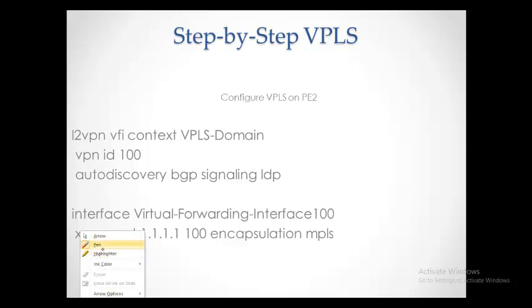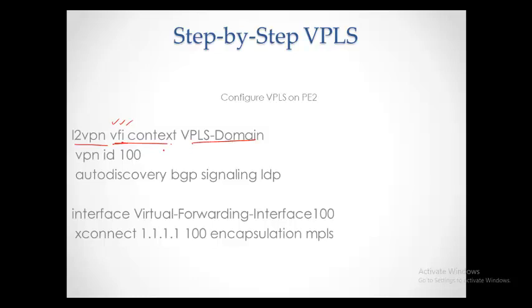So what we do is in the global configuration mode, we say we want to do an L2 VPN, and this is the name of the VFI. VFI and context, these are all commands, and this is the name that we give it. And then we say we want to use an ID 100.